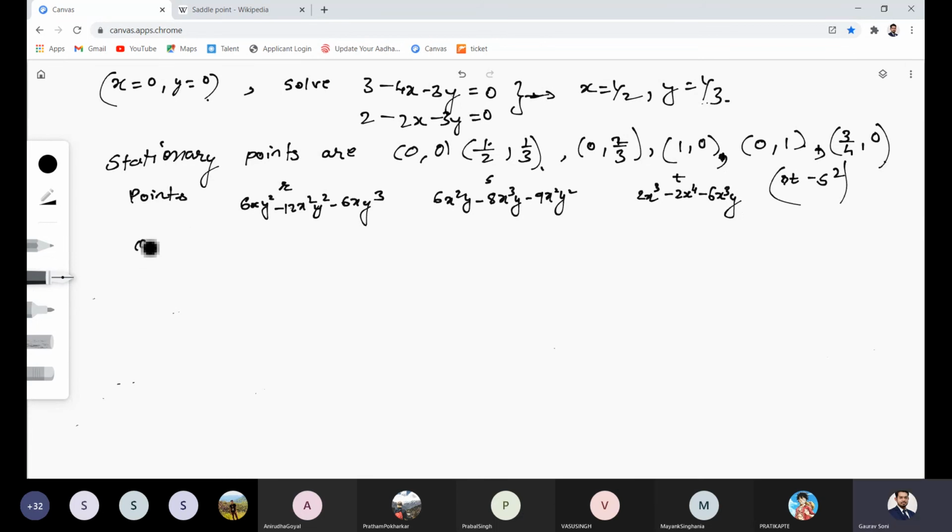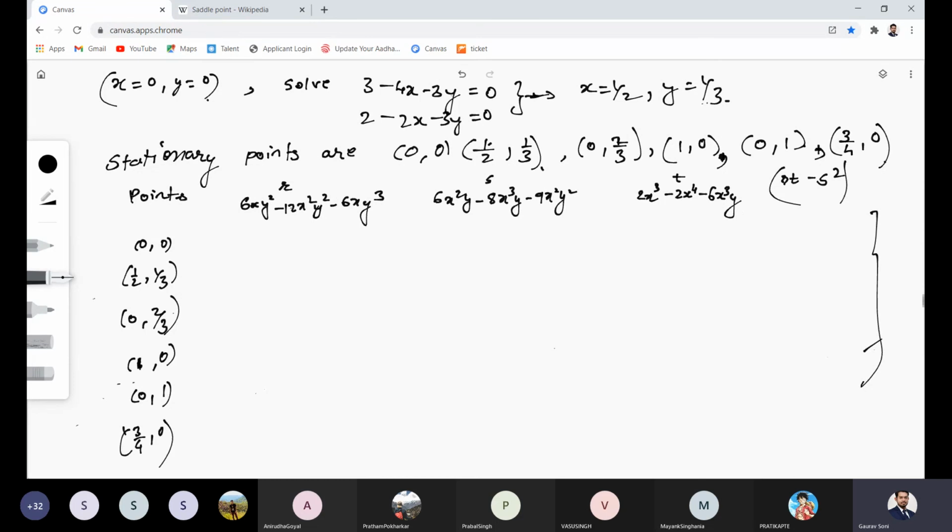The points are 0, 0; 1 by 2, 1 by 3; 0, 2 by 3; 1, 0; 0, 1; 3 by 4, 0. At R and T, whatever you do with it now, I'll leave it up to you. So that is the end of our maxima and minima.